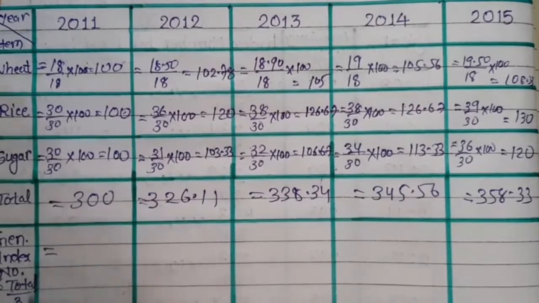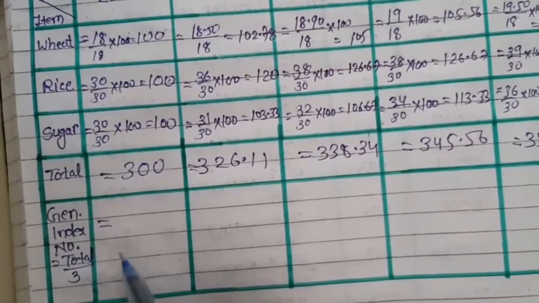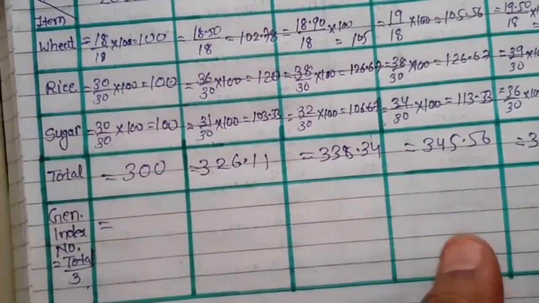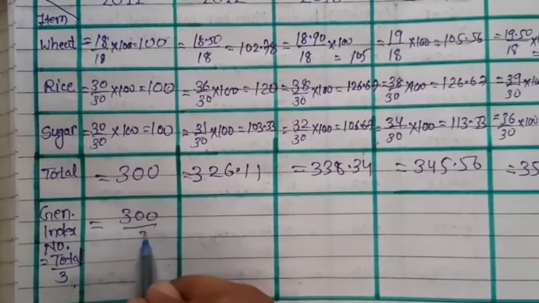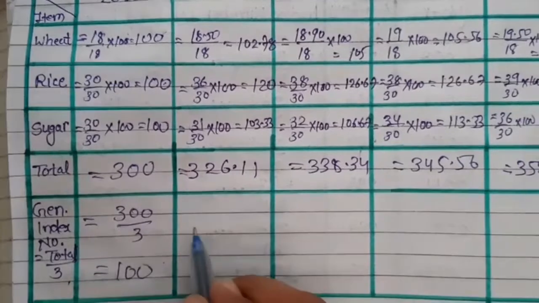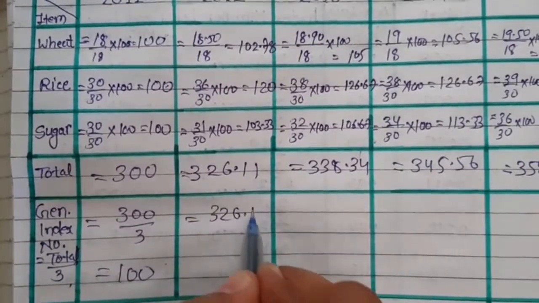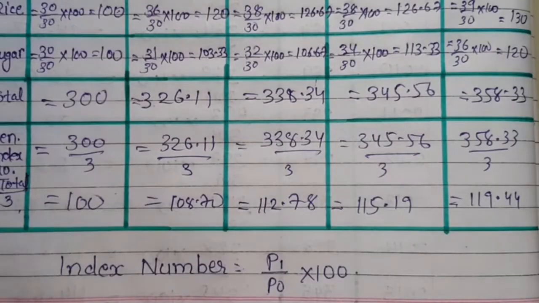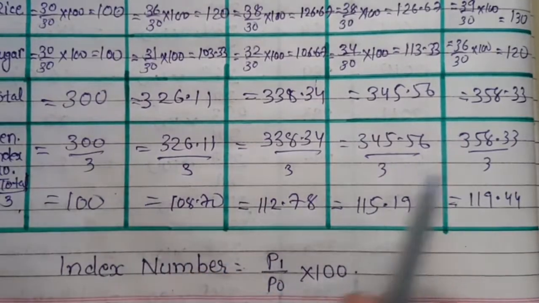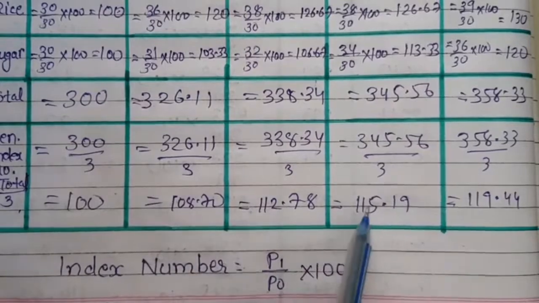So here for general index number, total divided by 3, as we have the 3 items, so we will divide the total by 3, we will get 100. Here 326.11 upon 3, I have divided all the total index numbers by 3 and I got these general index numbers.